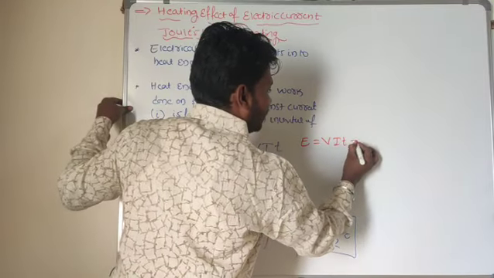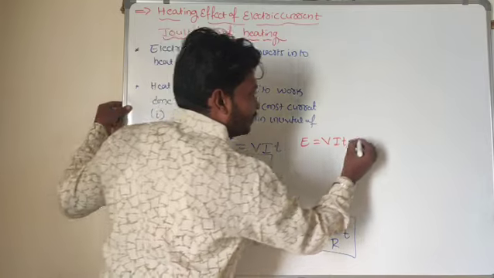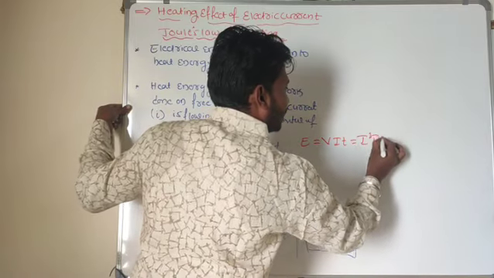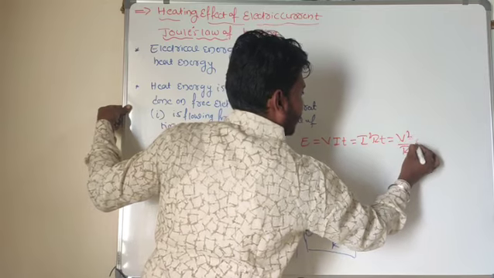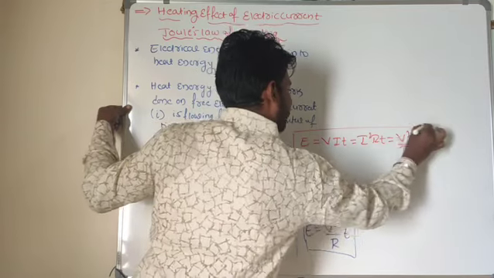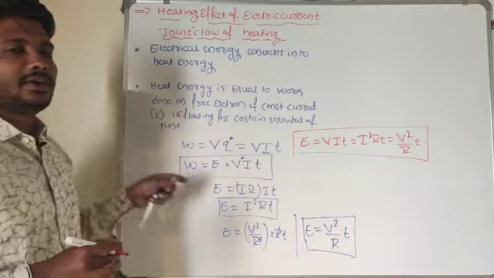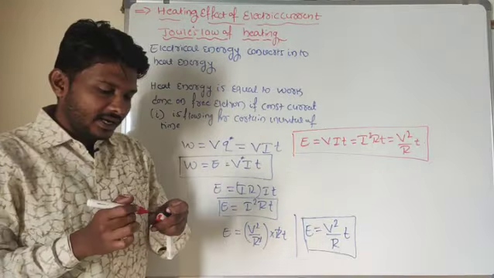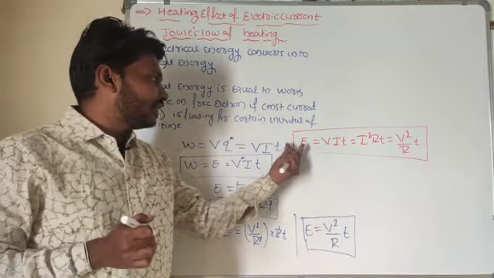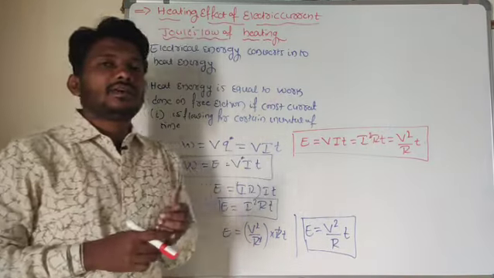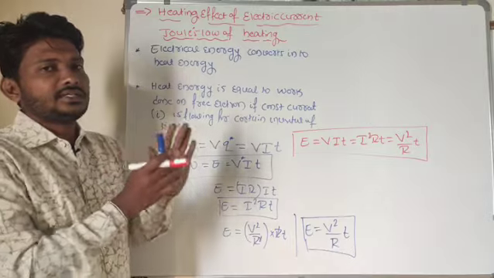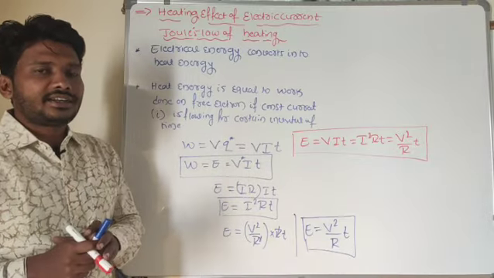V into I into T, and one more equation, I square R into T, and another equation, V square by R into T. So these are all the equations related to electrical energy. What are the equations here for electrical energy? V into I into T, I square R into T, and another equation is V square by R into T. So these are all the equations for electrical energy.